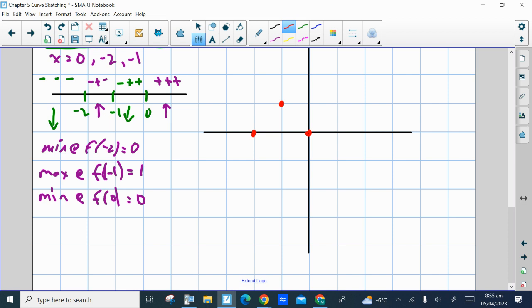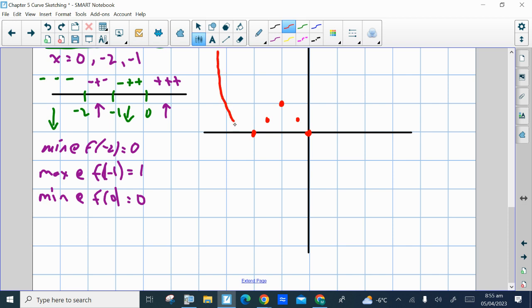Our points of inflection are negative 1.6, 4 over 9, which is just a little bit less than a half. So negative 1.6, a little less than a half, approximately right there. And then at negative 0.4, same y value. So those are our inflection points.